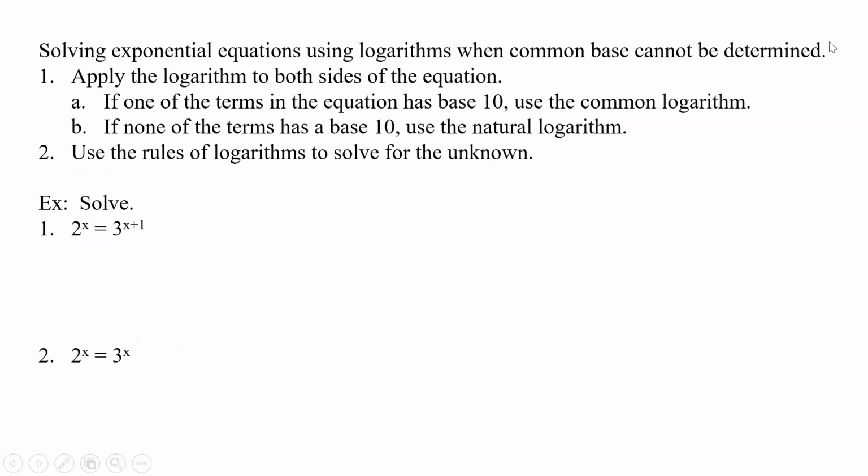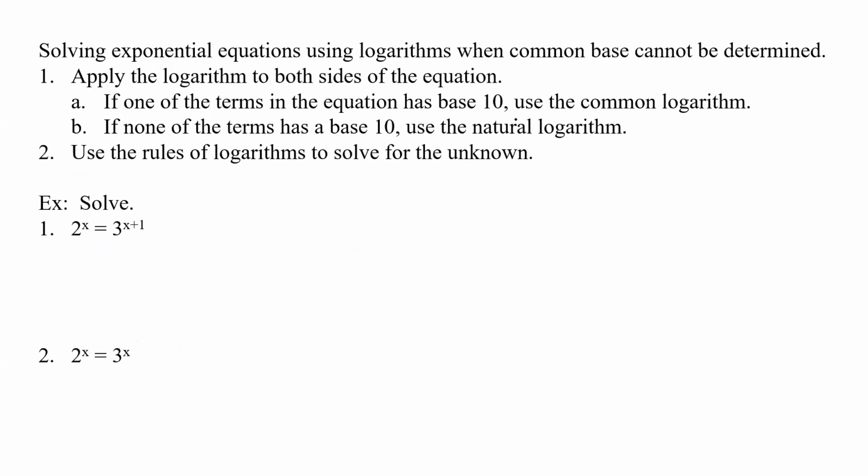All right, so if we need to solve exponential equations using logarithms when a common base can't be determined, that's going to be pretty easy. What we're going to do is take logs of both sides. And again, depending on what you have, if you have powers of 10, then we might use the common log, which is base 10. And if none of them have a term of base 10, then we're just going to use natural log.